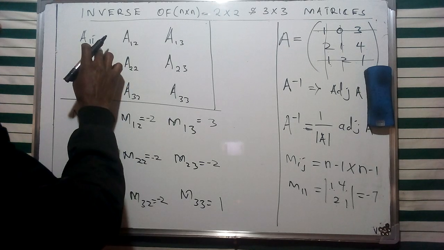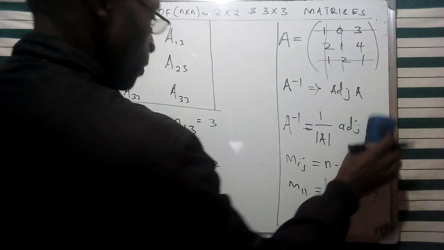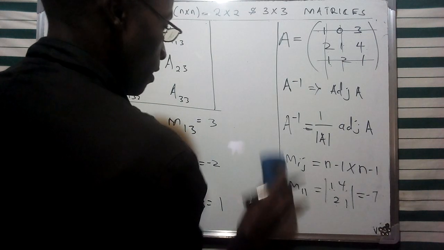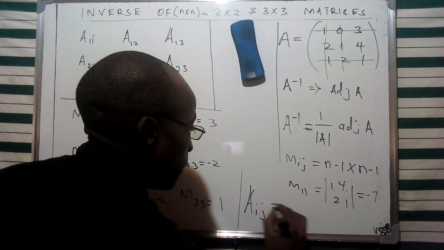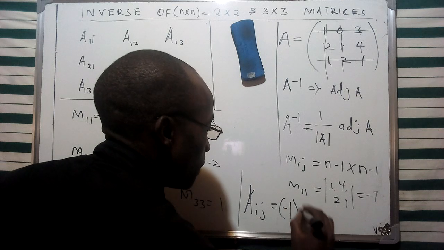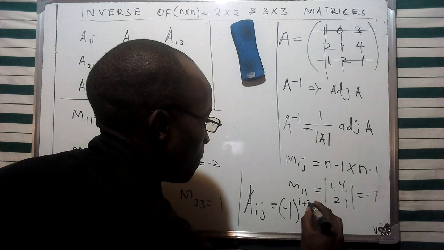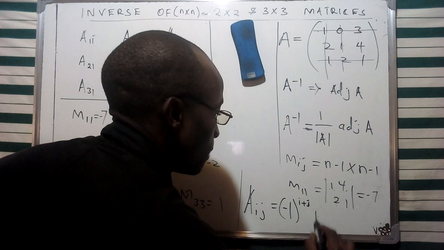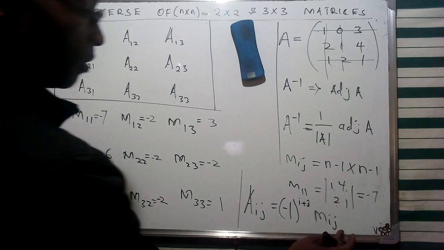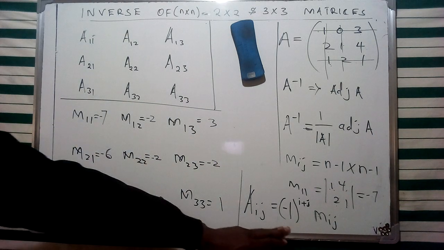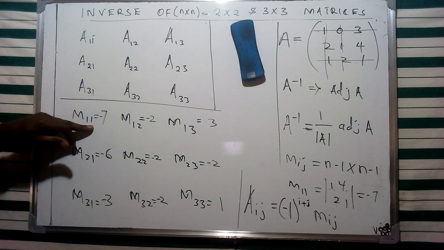A is going to represent a cofactor, and we had said that a cofactor represents a number given as Aij, which is the product of negative 1 raised to the power ith plus jth, the summation of the ith and jth row and column, multiplied together with the minor of that ith and jth position. So we're going to take the sum of the values of this ith and jth in terms of numerical value.